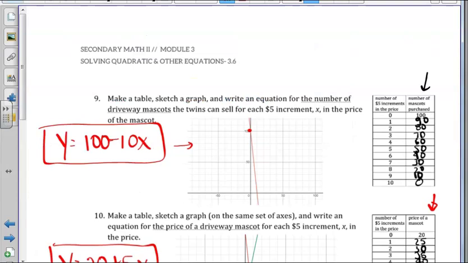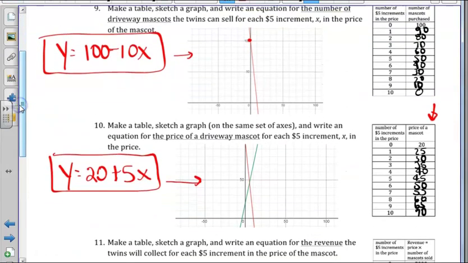If we go back to the previous page and we look at our x value here of 1, let me use a different color, and our x value here of 5. So we'll need to sell 90 driveway mascots at $25 each, or 50 driveway mascots at $45 each.